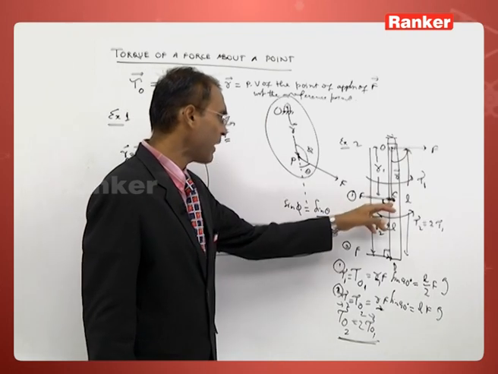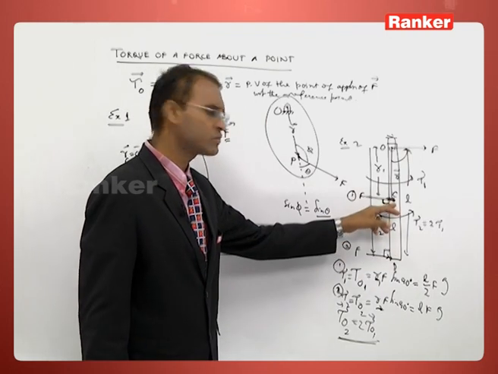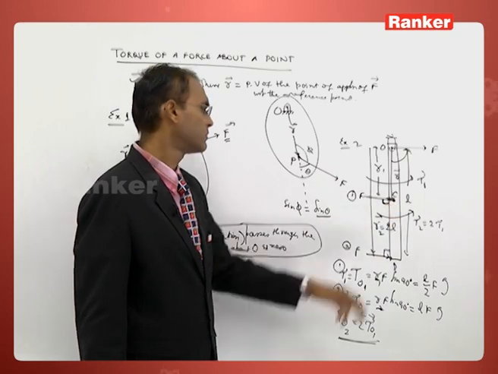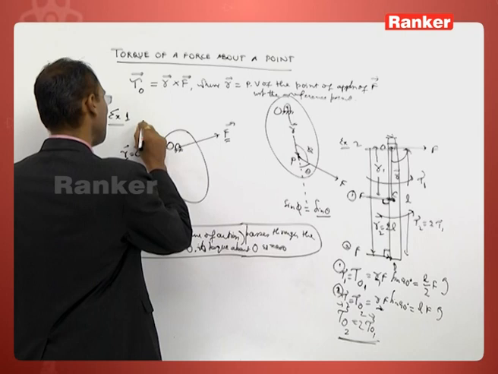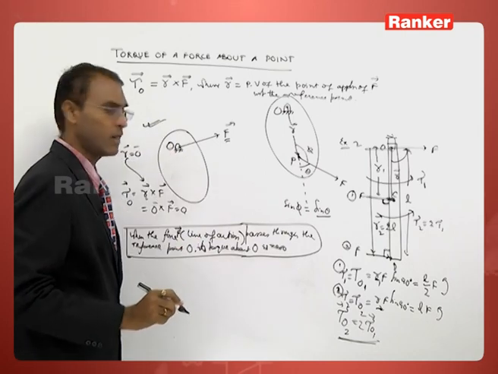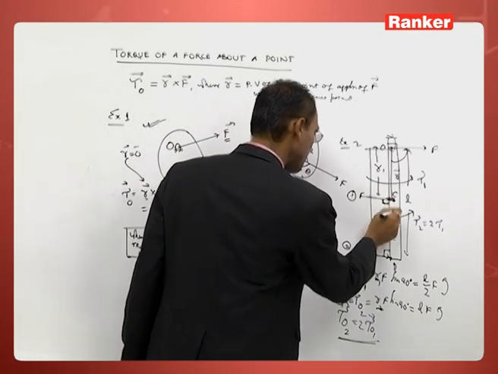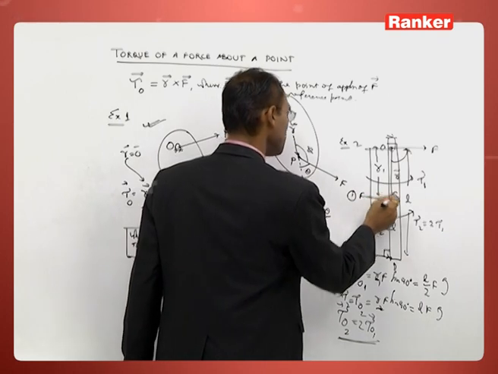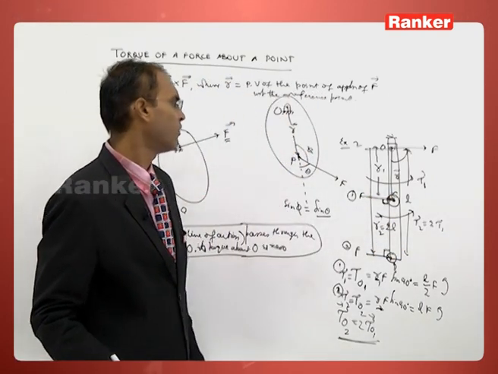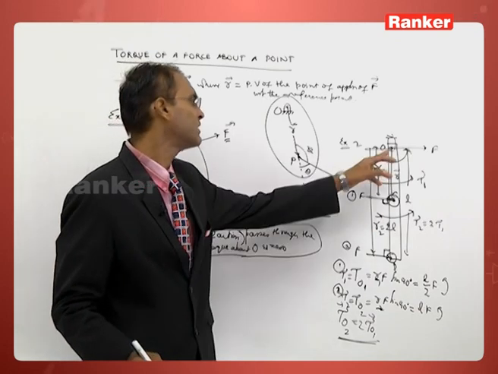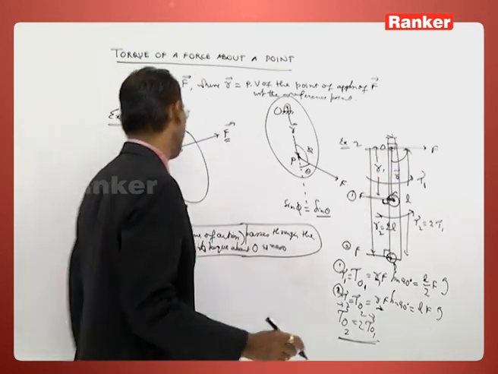It also depends upon the point of application of the force. When you apply the force at this point, no torque is produced, as is clear in example number 1. And when you apply the same force at 2 different points, the ease of rotation or the torque will be different about the same point O.